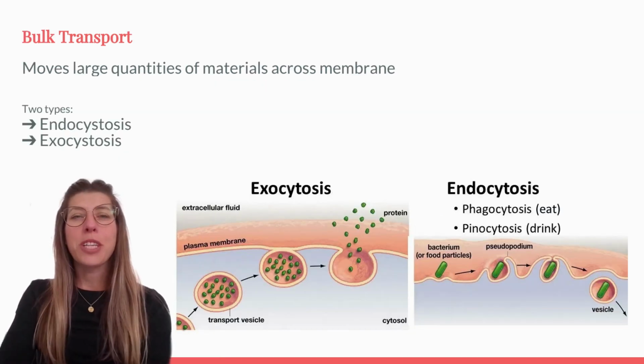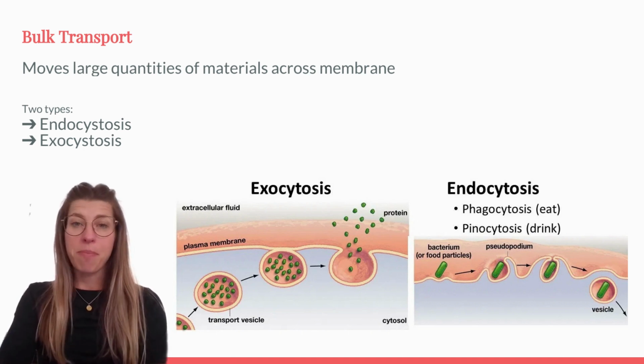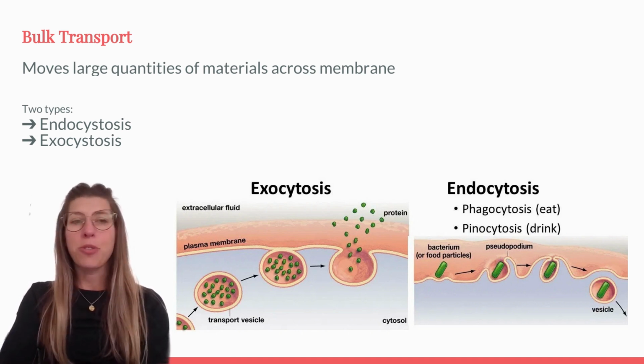Now, bulk transport. We've been talking more about smaller molecules and particles. What happens when there's quite large quantities of materials that need to cross a membrane, or the molecules themselves are too large?